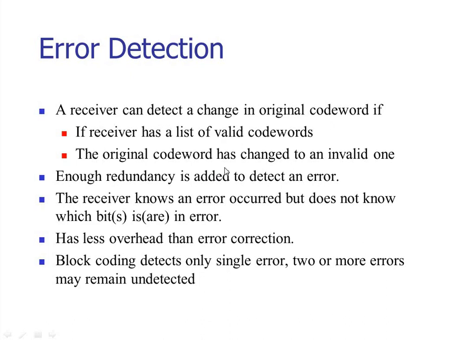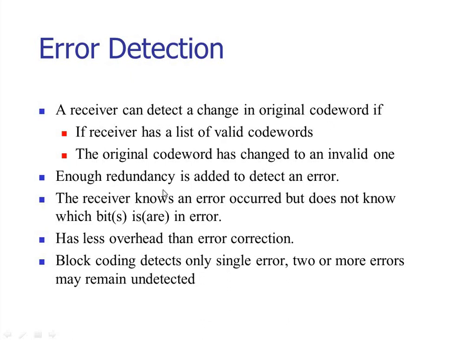Suppose I send you A, but instead of A you receive E, and that E is not in your list, then you can say that the received code word is not in my list, that means this code is not meant for me. But if the A code is in your list, you can easily identify that this is a valid code word for me, and accordingly you can find out the data related to it.